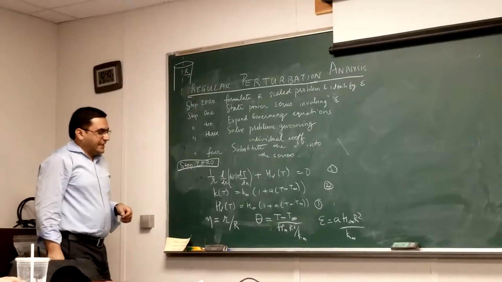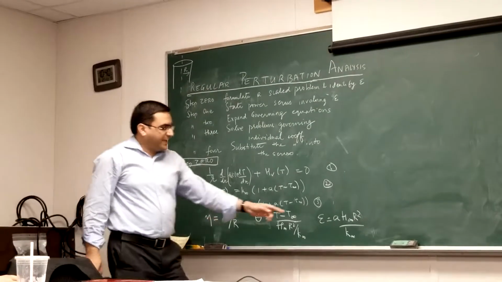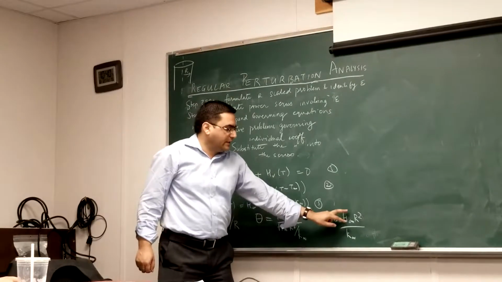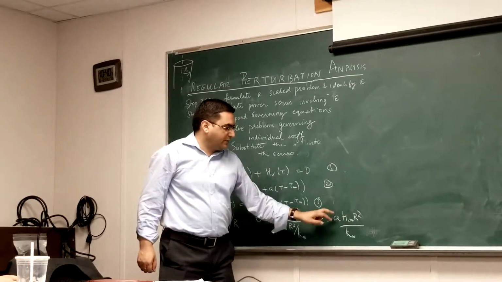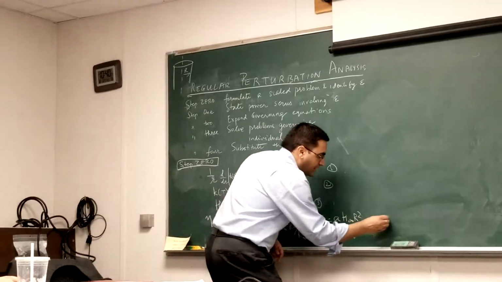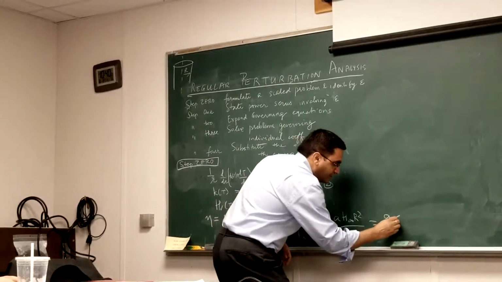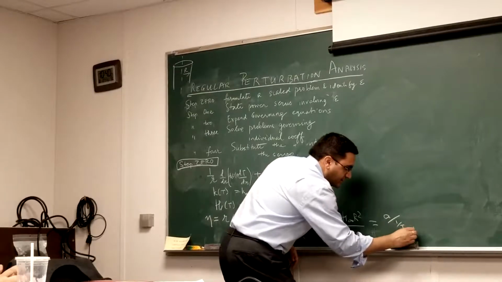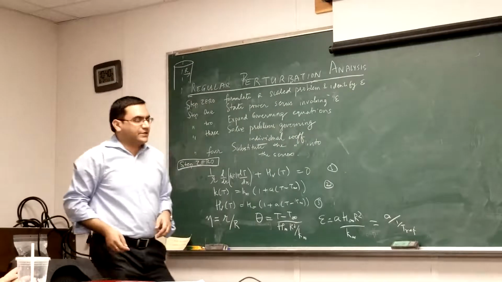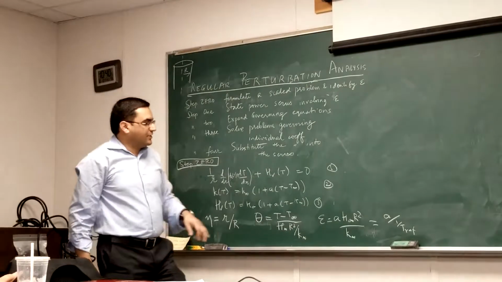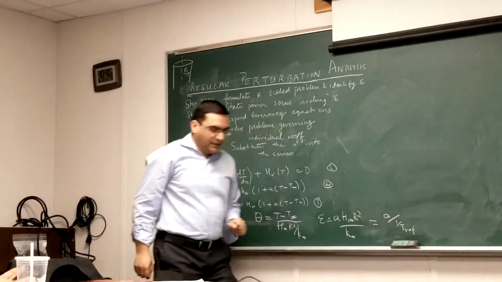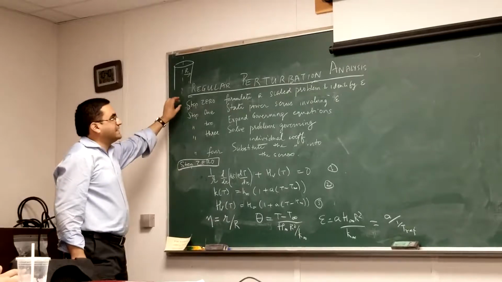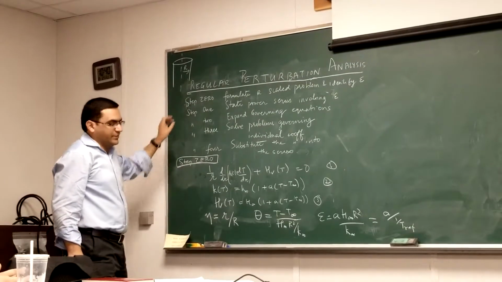Once I have done that, I will call it a small parameter. Because this is inverse temperature, this is being compared to your reference temperature, and as long as that ratio is much less than 1, we can use the series. That's going to be step 1.